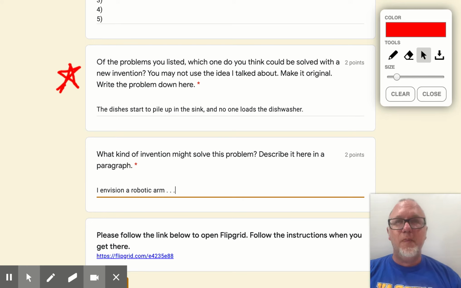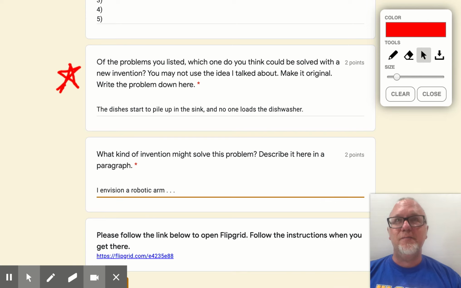Now, all this stuff you'd be writing down, okay? Attached inside the robotic arm is powdered dish soap, or it could be liquid dish soap, so it squirts it into the compartment that goes into the dishwasher. It closes the door, and it also has a timer attached to it, so maybe it runs the dishwasher at night while I'm asleep.